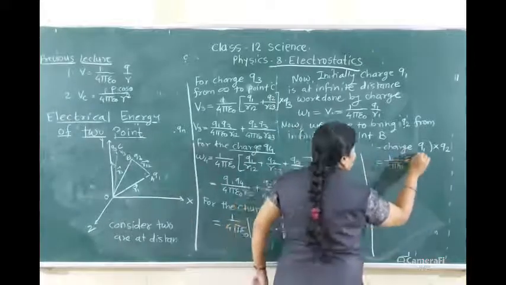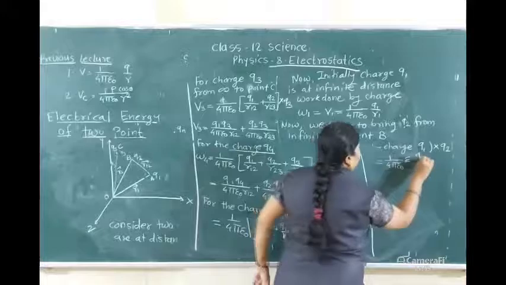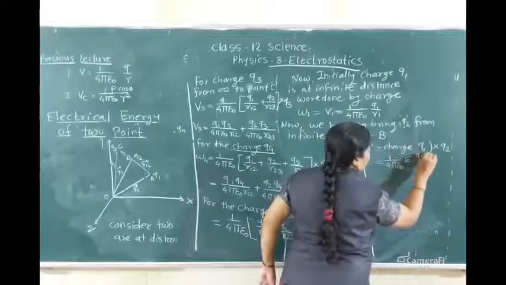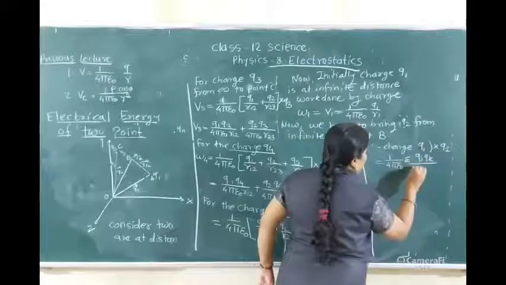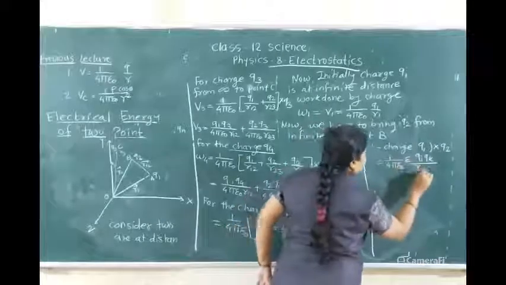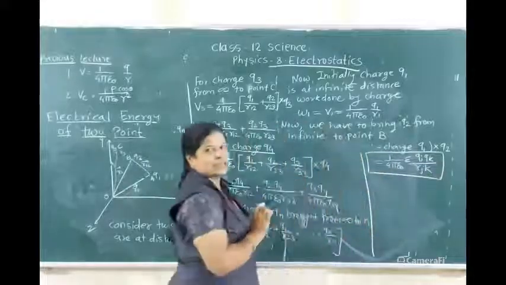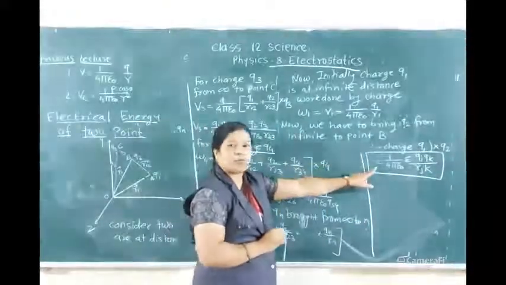For the total system, the electric potential energy is 1 upon 4 pi epsilon 0 summation of Qj Qk divided by Rjk. This is the total electric potential energy of the system.